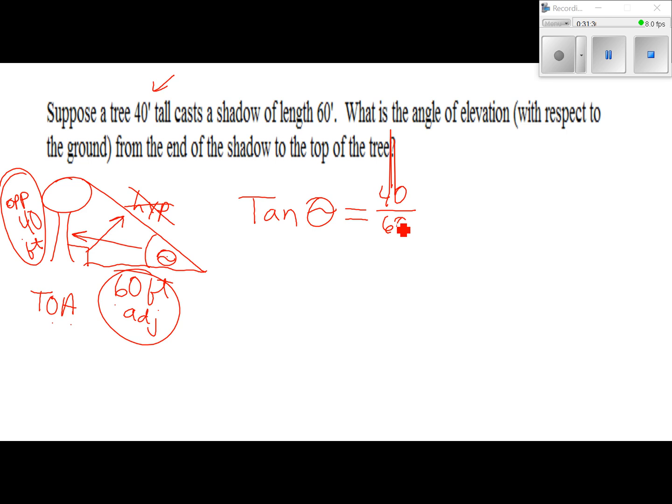And since we're finding an angle, we just grab our calculator and we hit second, tangent, 40 divided by 60, it equals, and we end up with 33.69. So we'll round that off and say that theta is about 34 degrees. So the angle of elevation from the ground to the top of the tree is about 34 degrees.